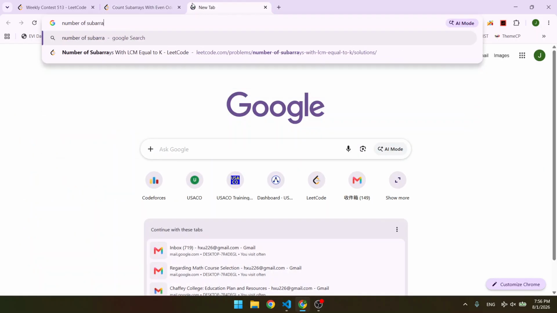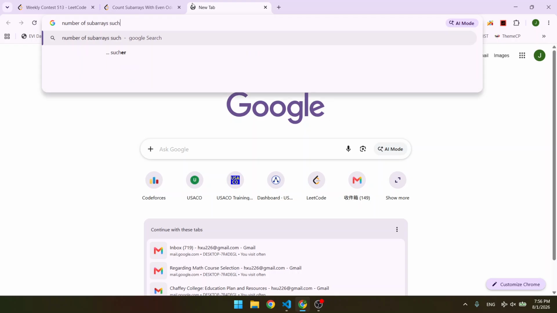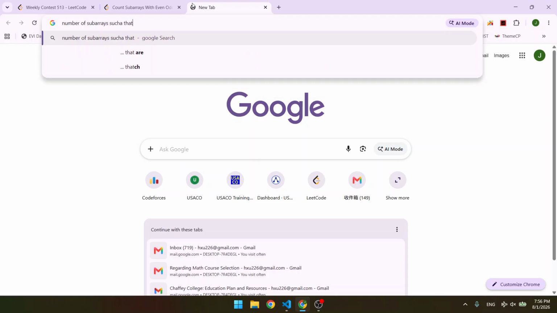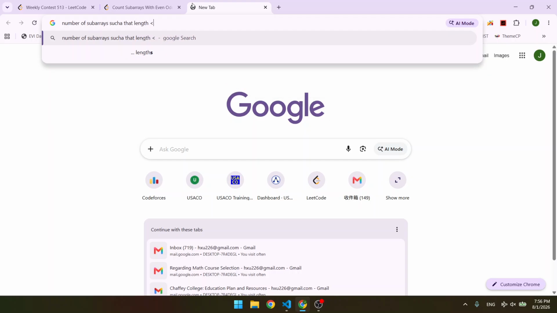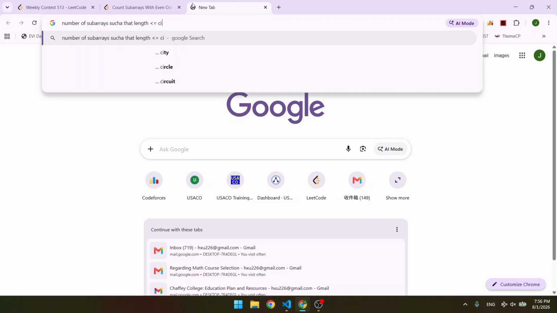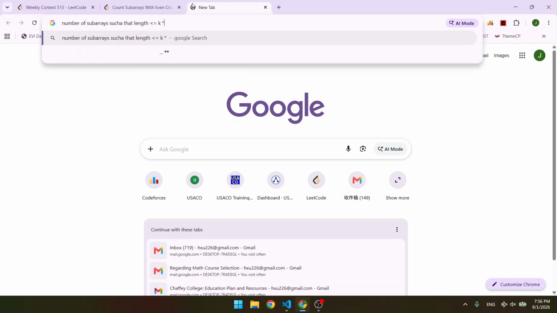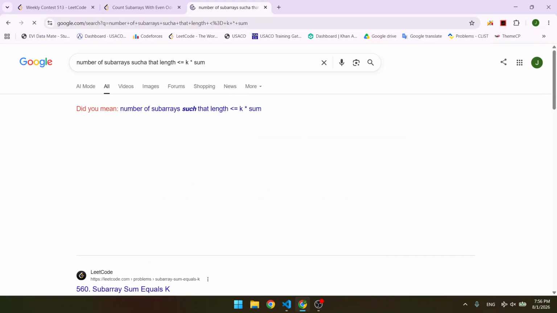Number of subarrays such that length is less than or equal to k times sum.